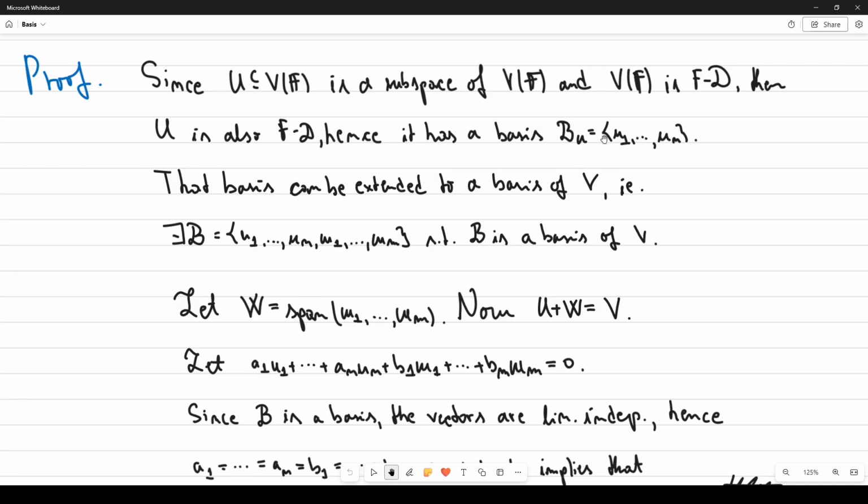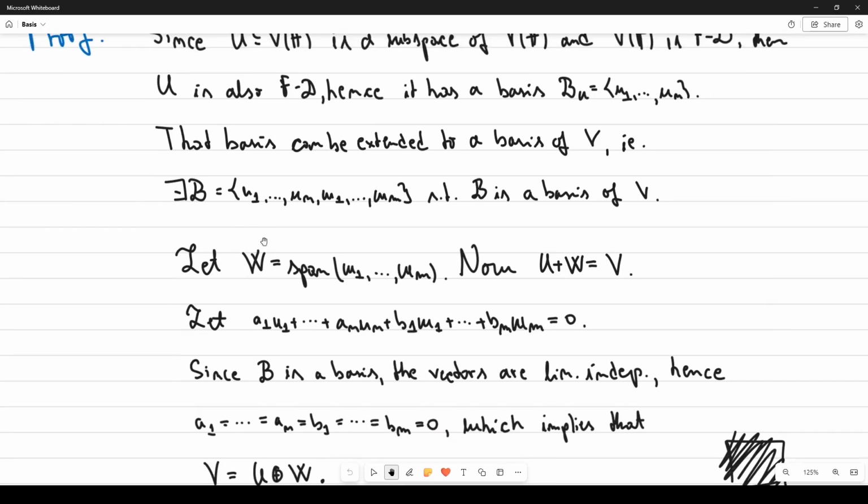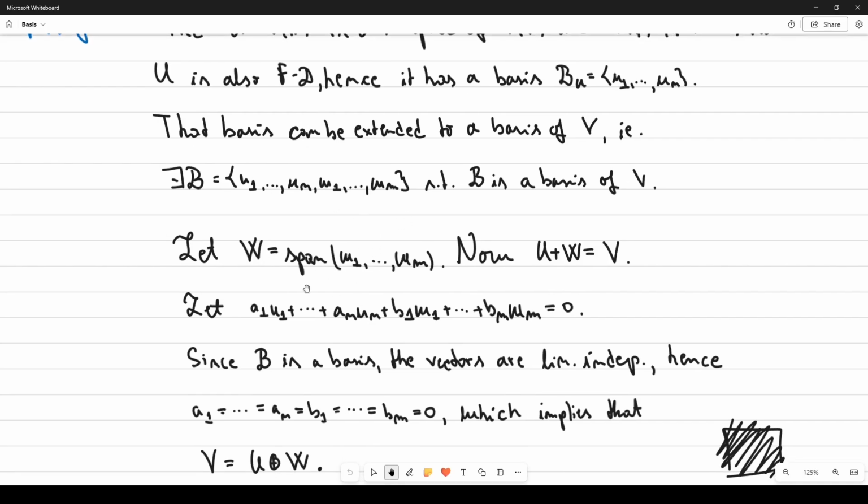So let B of U be the basis of our subspace U. And now that basis can be extended to a basis of the whole vector space V. So let's write the whole basis like this: all the vectors from U and then some extra vectors W's such that B is a basis of V. And now we just let W, our new subspace, be the span of those vectors we added to extend the original list.